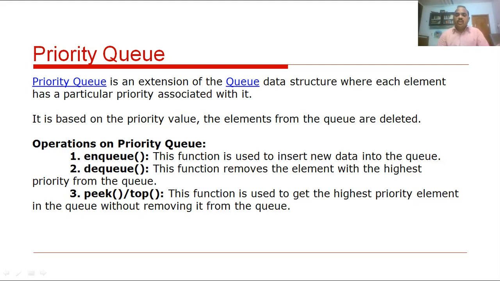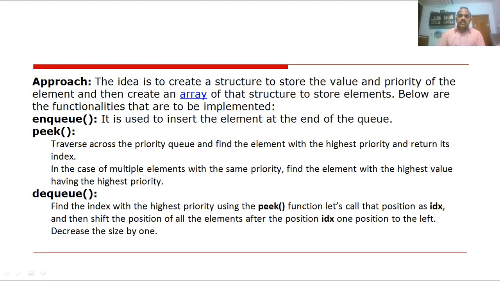The first one is NQ. This function is used to insert new data into the queue. DQ: this function removes the element with the highest priority from the queue. Next one, peek or top. This function is used to get the highest priority element in the queue without removing it from the queue.